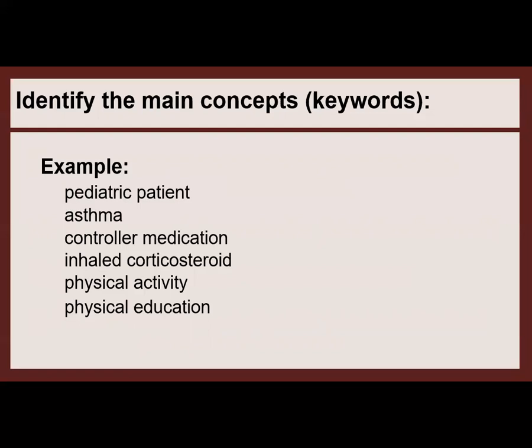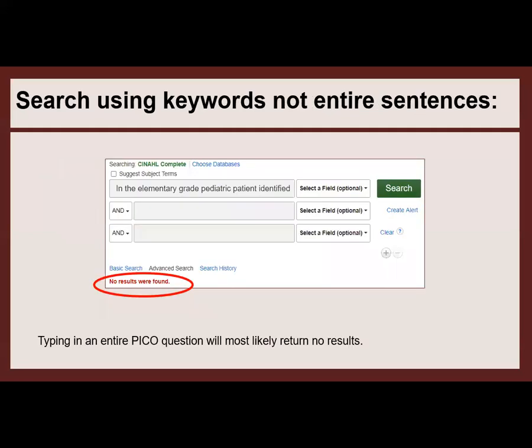Before we move on to discussing more search techniques, I want to show you what happens when you search a database using a question instead of keyword searching. As you can see in this screenshot from a search in the database CINAHL Complete, typing an entire sentence or question will return little to no results.